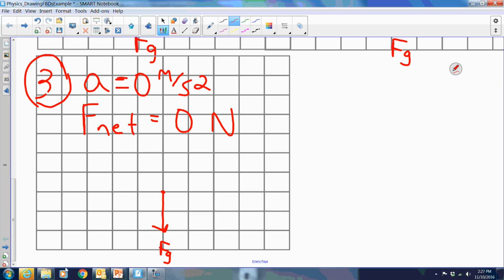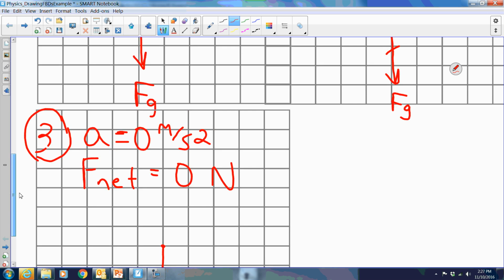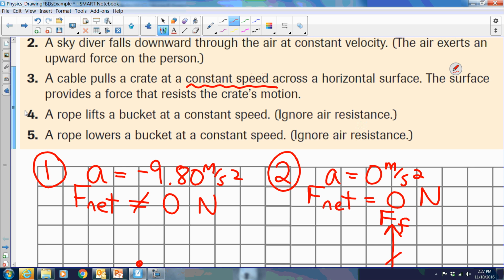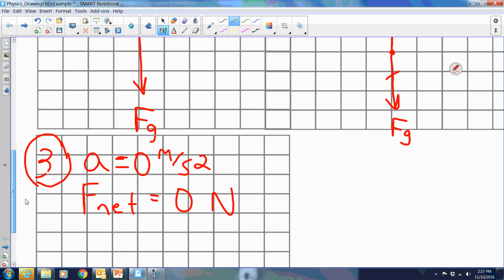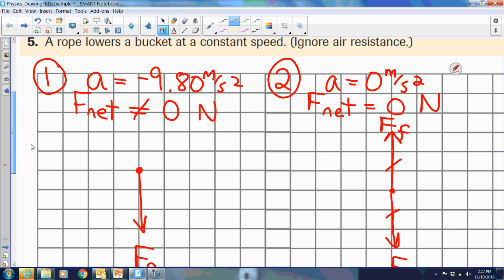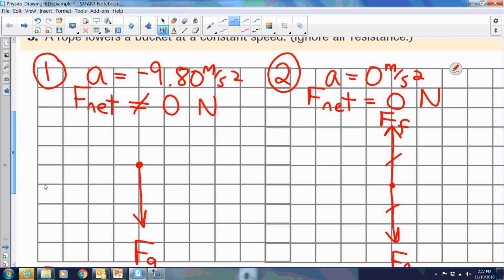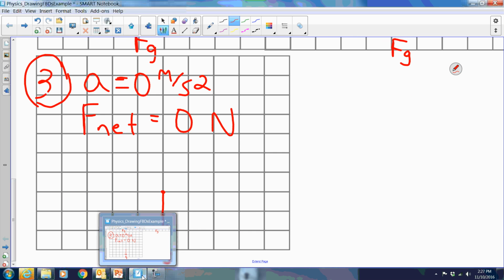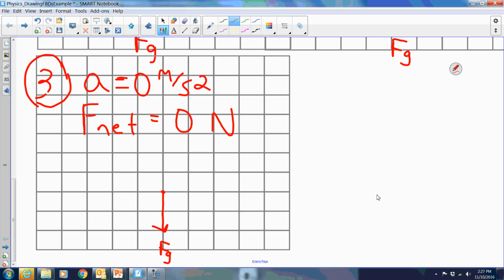Okay, this object is not accelerating up or down either. So if we have this crate, it's traveling across a horizontal surface. That means that there's a normal force from that surface, right? You can imagine it sliding across the floor or something.